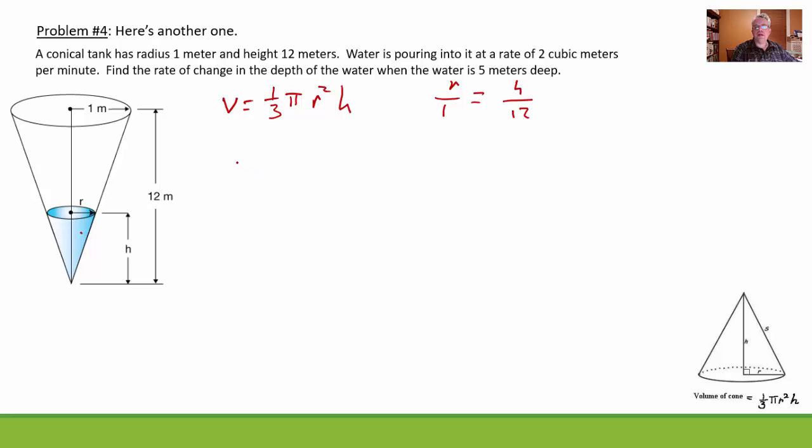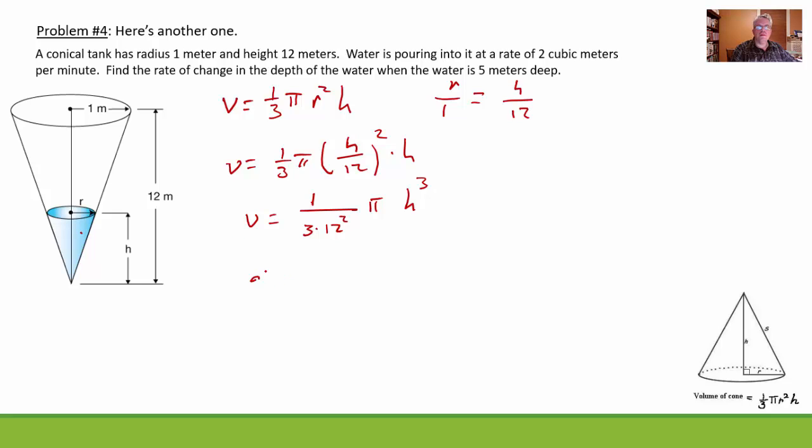So r equals h over 12. Well, we can plug that into here. So we get volume equals 1/3 pi (h over 12) squared times h, which is 1 over 3 times 12 squared pi times h cubed.